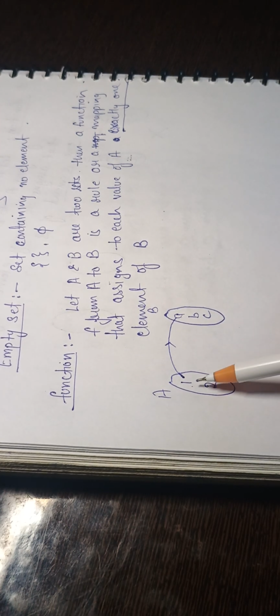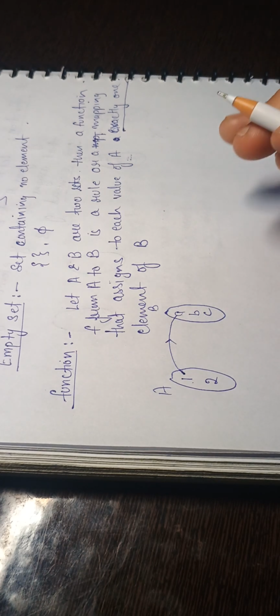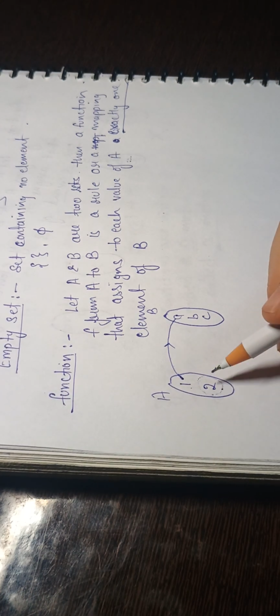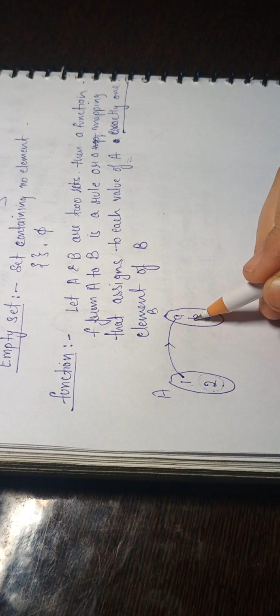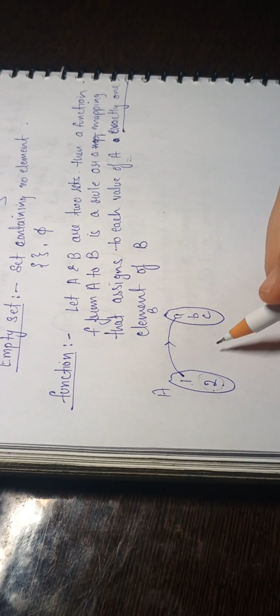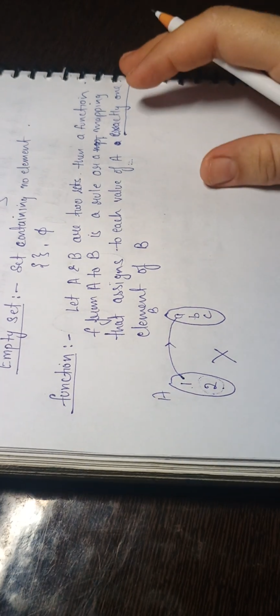For this to be a function, it needs to satisfy the condition that for every element in A, there is at least one element in B. But here I have one element in A which does not have any corresponding element in B, which is not assigned any element in B. So this is not a function.